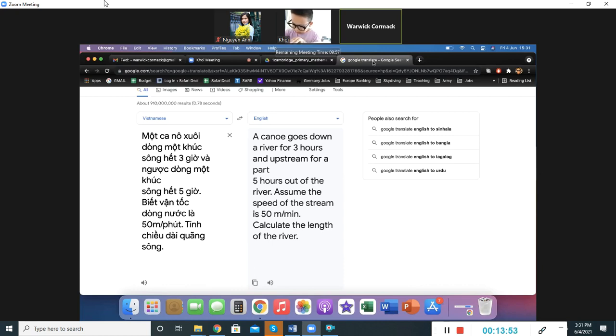So a canoe goes down a river for 3 hours and upstream for a part 5 hours out of the river. Assume the speed of the stream is 50 meters per minute. Whew. Okay, calculate the length of the river.